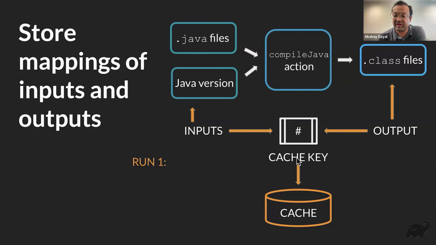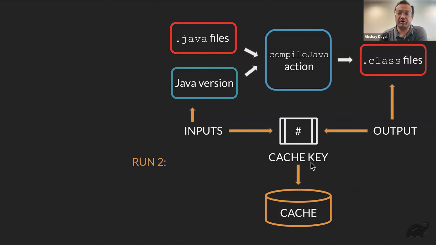So it uses the hash of the inputs as the key, and then it stores the compressed outputs in that cache. So again, you're doing your experimental work, you change some source files, you produce new bytecode. Once again, once you run the build, a hash of the inputs and the compressed new outputs are put in the cache. You change your mind, you revert your source changes.